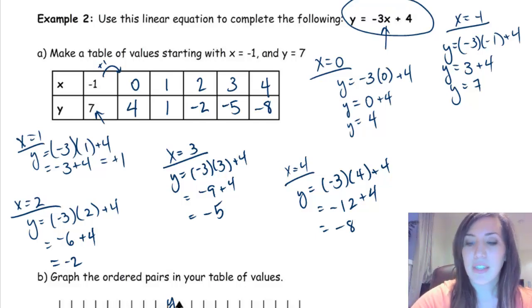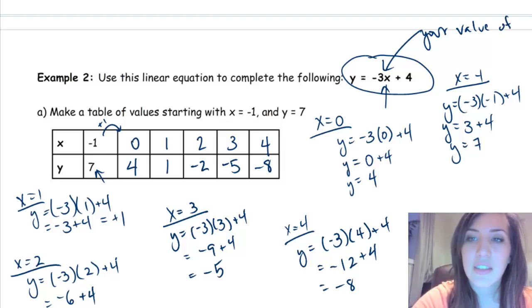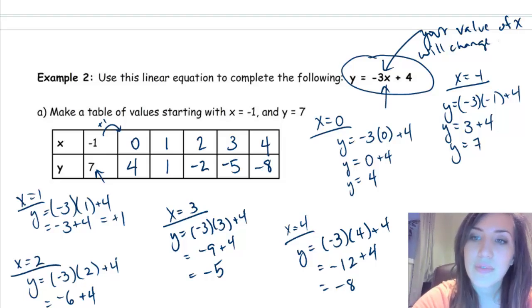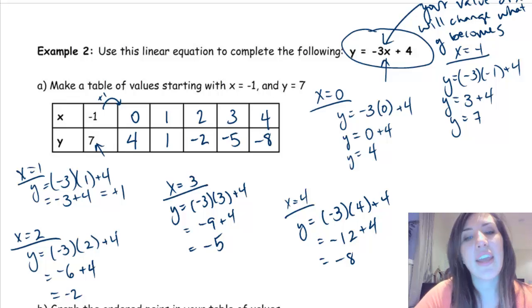You just basically plug in your x, and your value of x will change what y becomes. So each time that you get a value of x, you plug it into that slot, and that's how you figure out what the y will be.